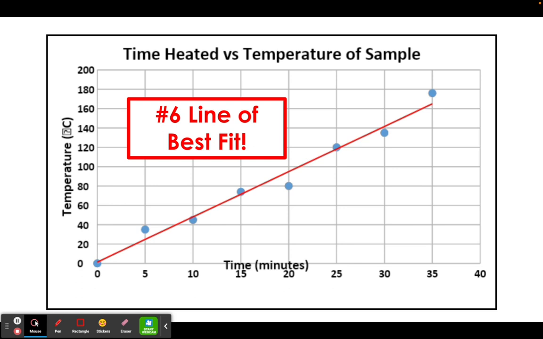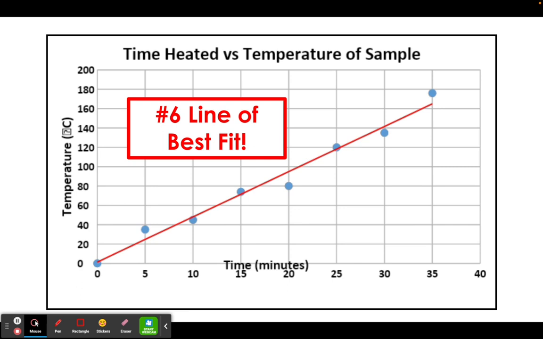A best fit line, or a line of best fit, is where you're drawing a line through the data points so that you have kind of an equal number of data points on both sides of the line, but you're trying to get as many of those data points on the line. So basically, the line should be like the average of the data points.